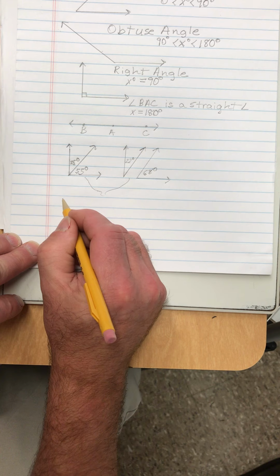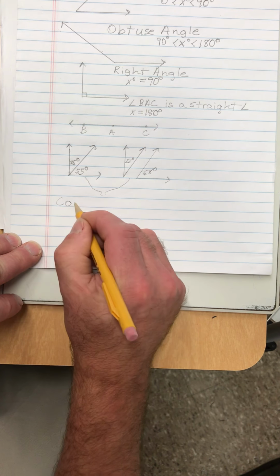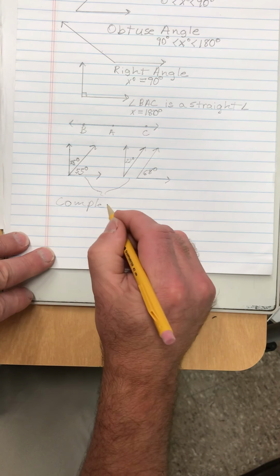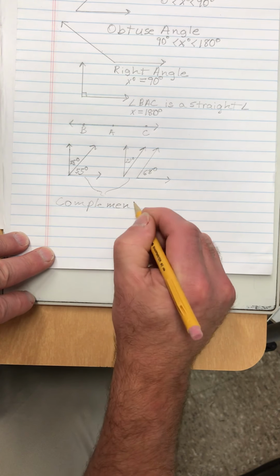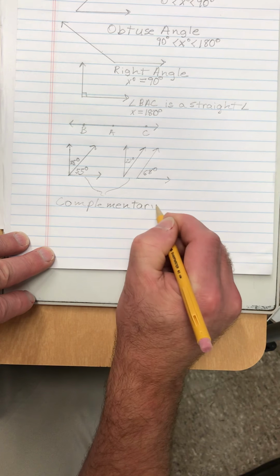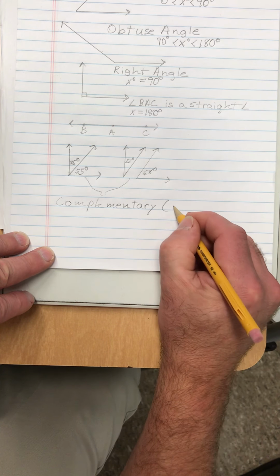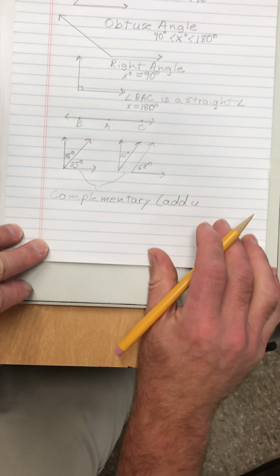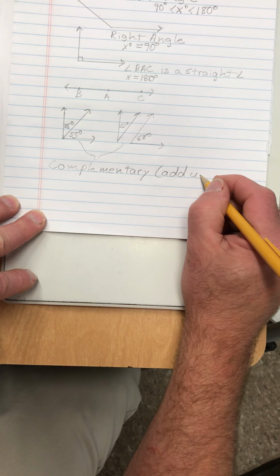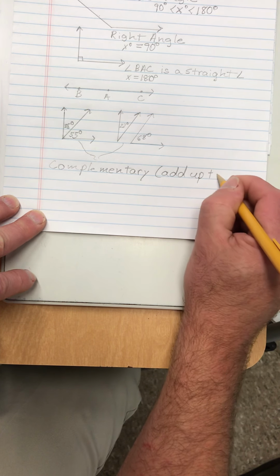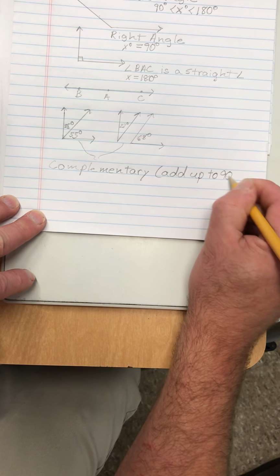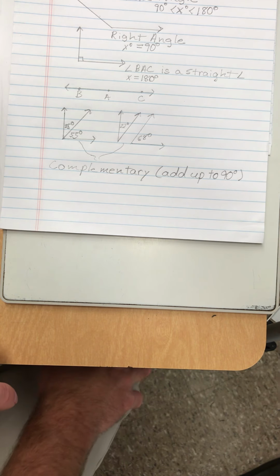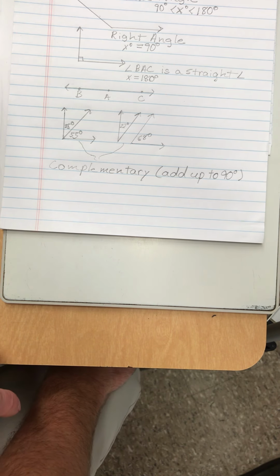Now, both of these pairs, these are what we call complementary angles. Okay, and complementary angles add up to 90 degrees. Okay? Now, here's the little trick for remembering this.